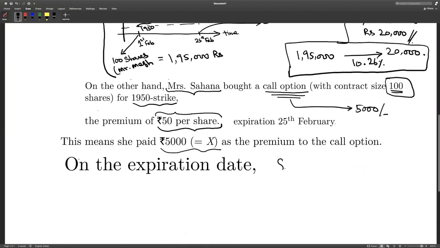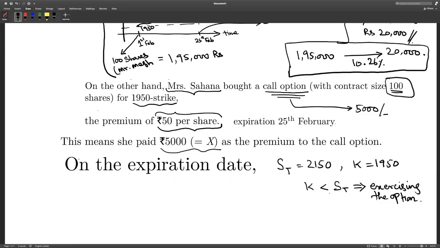That is, S of T is 2,150. And what is the strike price? K is equal to 1950 and it is a call option. Since K is less than S of T, we have already seen that Sahana will go for exercising the option because her call option is in the money, therefore she will exercise it.